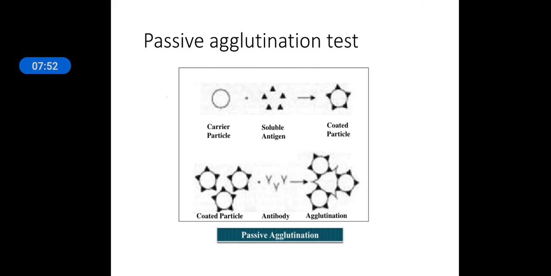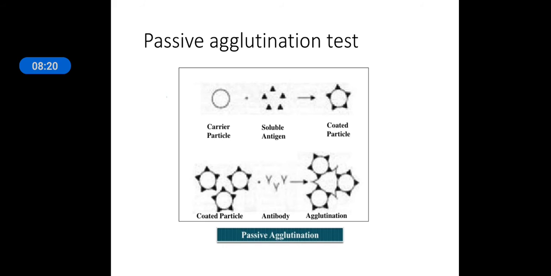Next is the passive agglutination test. This is very similar to the hemagglutination test we use for blood grouping, but the physical nature of the reaction is altered. Here the antigen is coated on the surface of a carrier particle, and by coating it with a carrier particle, it will convert a precipitation reaction into an agglutination reaction, making the reaction more sensitive.